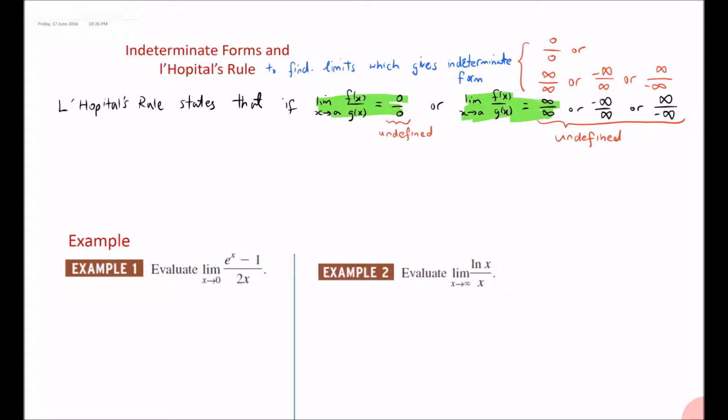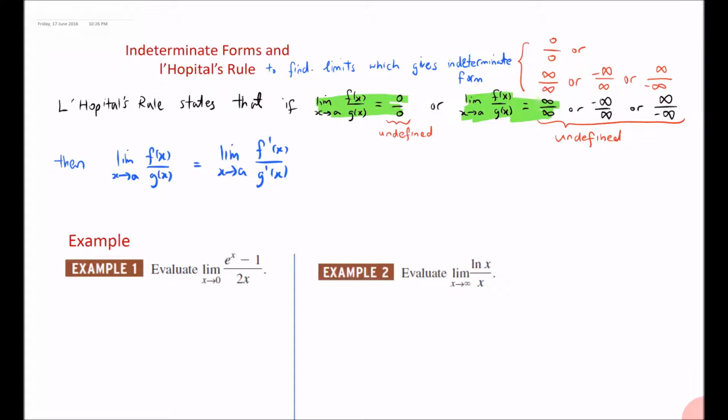So the actual limit is still unknown. If this is the case, then the limit as x approaches a of f(x) over g(x) is equal to the limit as x approaches a of f prime x over g prime x.